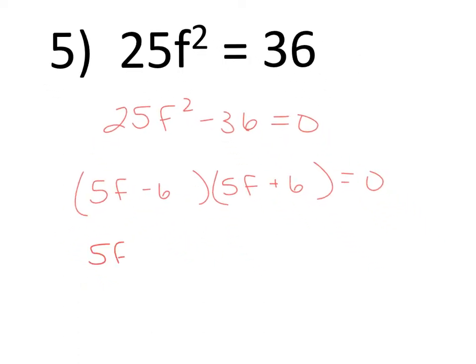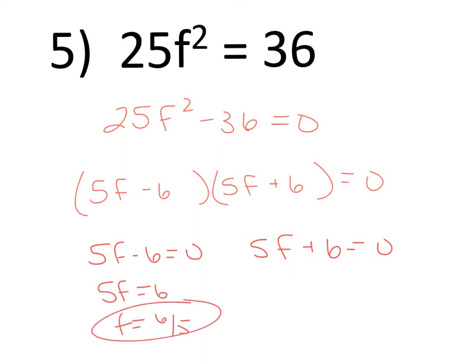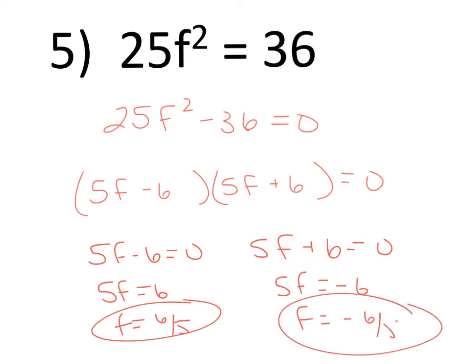So 5f minus 6 equals 0 and 5f plus 6 equals 0. On this one, I'm going to add the 6 over and then divide and get 6/5. On this one, I'm going to subtract the 6 over and divide and get negative 6/5.